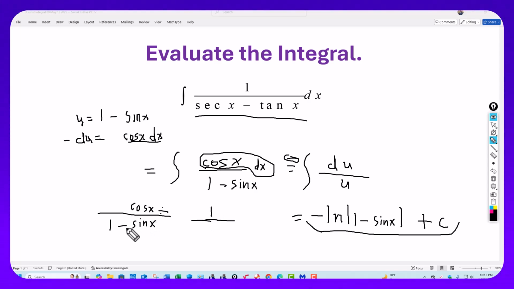Divide the denominator by cosine of x as well, so obviously we know what we have to get. 1 divided by cosine of x, 1 over cosine, that's going to be secant of x. Secant and cosine are reciprocals. I got a minus there. And then sine of x over cosine of x, that's tangent of x. And that's your check. We get 1 over secant of x minus tangent of x, which is, of course, this integrand here.